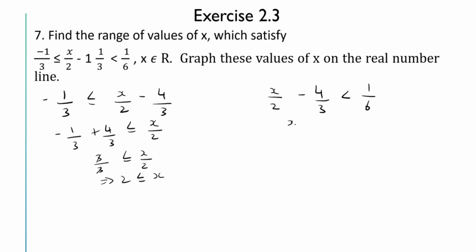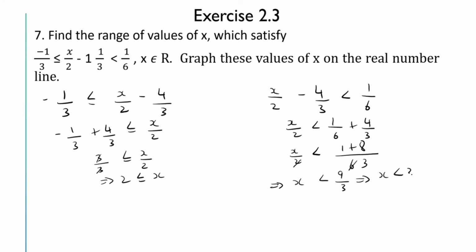And from here we have x by 2 less than 1 by 6 plus 4 by 3. Here 6 is the LCM. So we have 1 plus 8. So this will go 3 times. So we get x less than 9 by 3, or x less than 3.